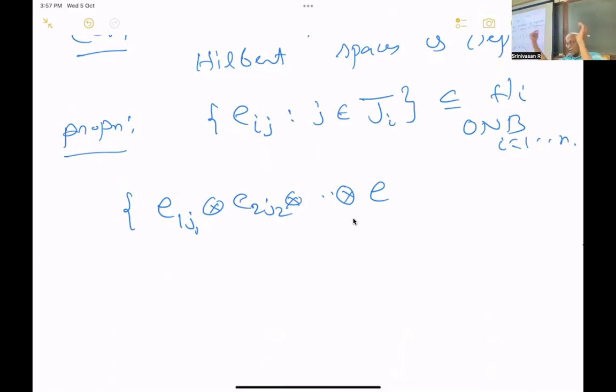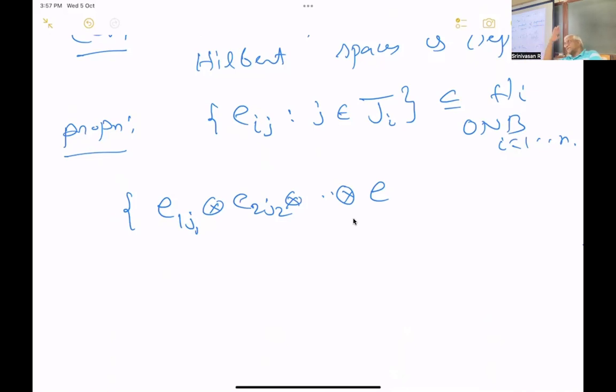If you take x tensor y, with x coming from the first Hilbert space and y coming from the second, all x tensor y, that is just a set. You have to take linear combinations to make it a subspace, so that only that subspace is dense there, right? A set need not be dense in some subspace. You have to take the linear combination.